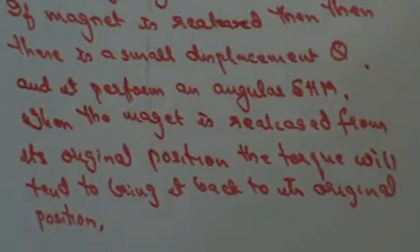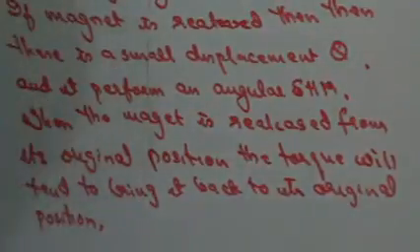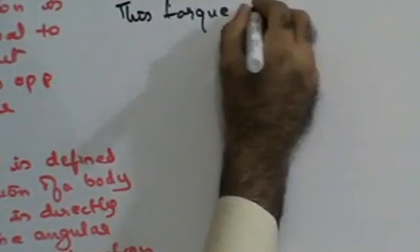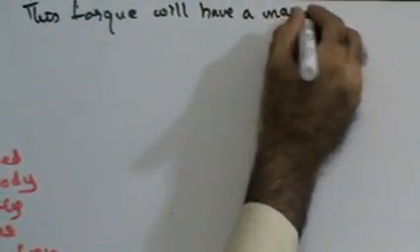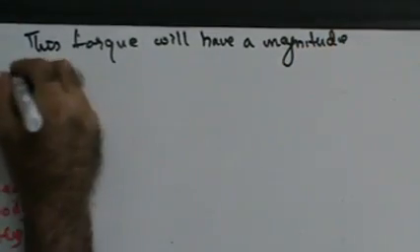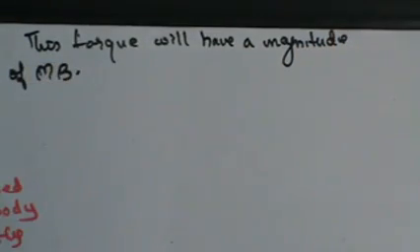Now, if the torque is going to tend to bring it back to its original position, this torque has to have a magnitude of mb. This particular torque will have a magnitude of magnetic dipole moment multiplied by magnetic induction, mb sin theta, right?